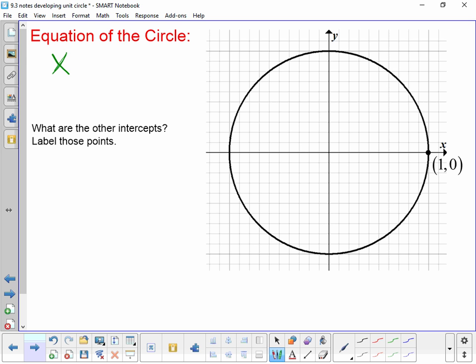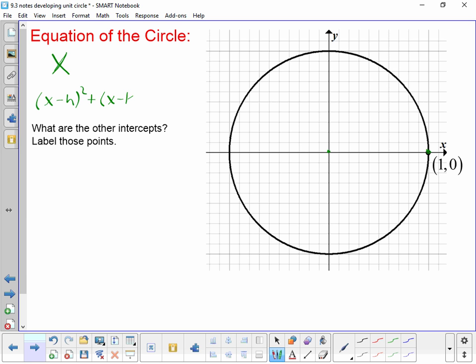Okay, so this is a circle, and I've identified one point on the circle, the point (1, 0). You can see over here. Well, this is a circle, and its center right here is at the origin. Well, if we're writing the equation of a circle, it usually looks something like this.